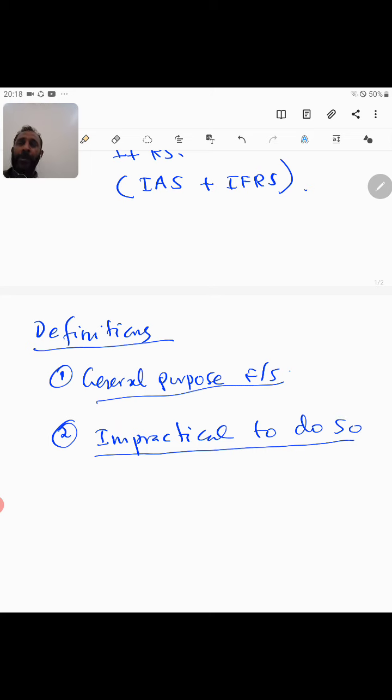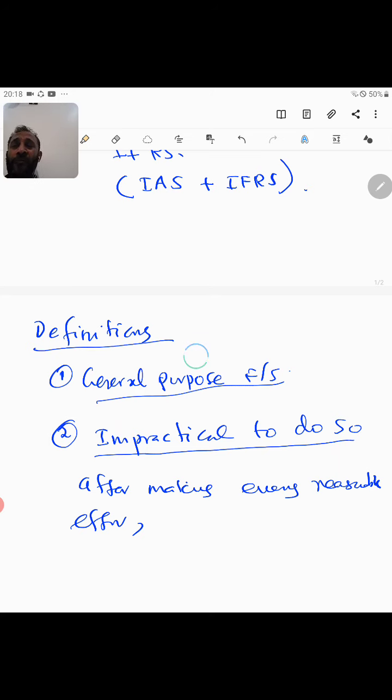When we apply any given guidance or instruction in an accounting standard, it is impractical when, after making every reasonable effort, we are still unable to fulfill the condition of the given instruction. That's what we call impractical to do so.